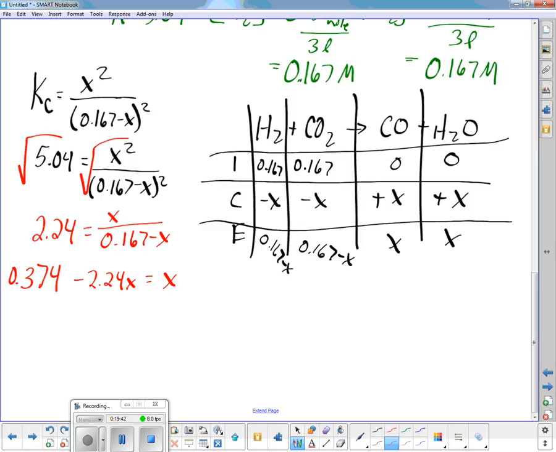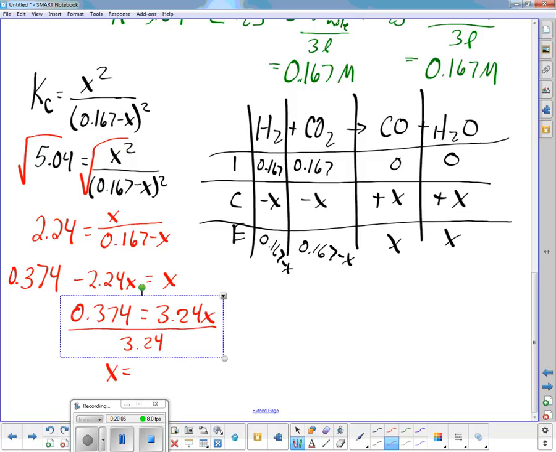Okay, we'll go with this. All right, so then we're going to add the 2.24 to both sides, so we get 0.374 equals 3.24x. Everybody okay with that? Divide both sides by 3.24, and x is equal to what? Oh, sorry, not 3.24. Yes, 3.24.